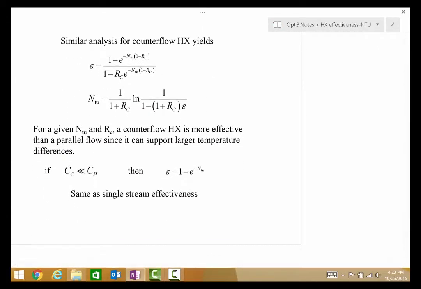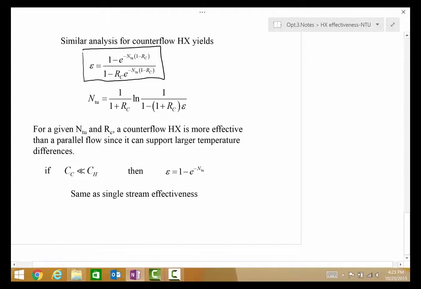That was a co-flow heat exchanger. For a counterflow heat exchanger, you get very similar effects. For a counterflow heat exchanger, epsilon is also given in terms of NTU and RC, and a typical counterflow equation form is shown here. One of the things that you see, though, is that unlike before, where we had 1 plus RC in the denominator, we have 1 minus RC in the denominator.